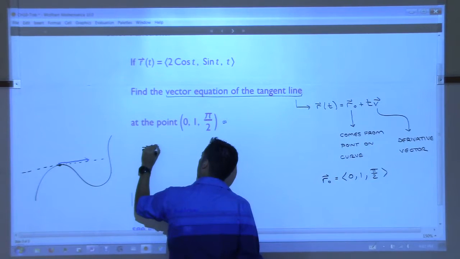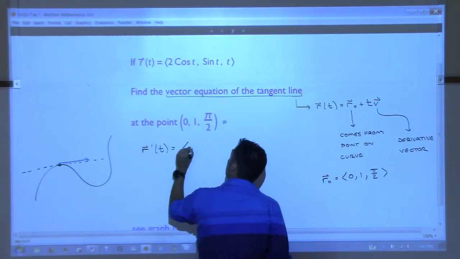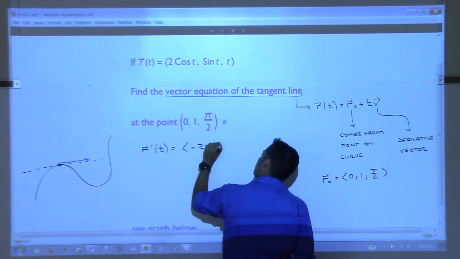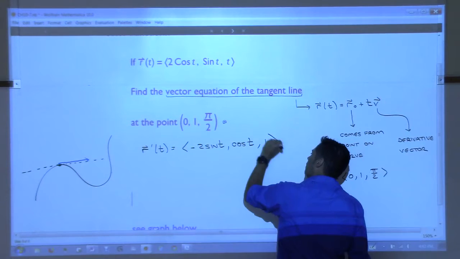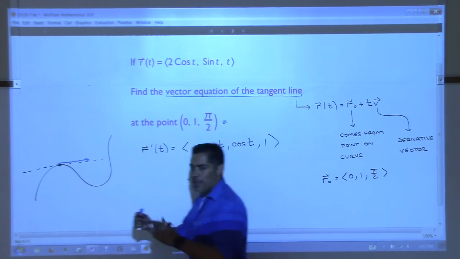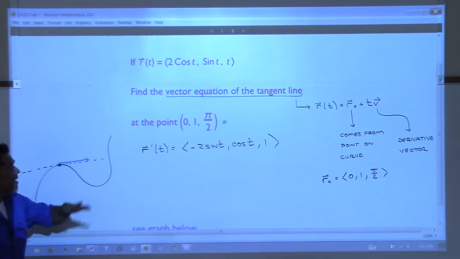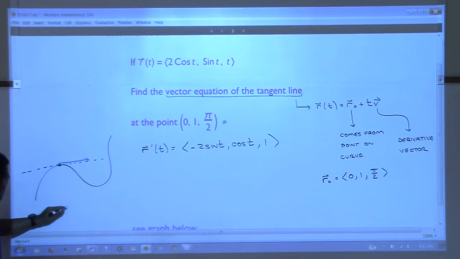r prime of t equals, what do we got here? Negative 2 sine t, cosine t, 1, right? So this right here is a function that will spit out this blue vector, but what do I have to provide to it for it to spit out a vector? I need to provide it with t, which means I need to know, remember, this is drawn in three-dimensional space.